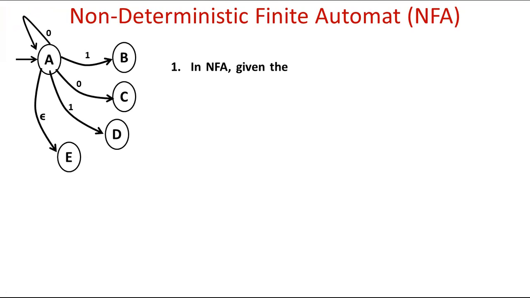And what does this mean? So in NFA, given the current state, there could be multiple new states. So if you take this example, I am at state A with 0 input, I can go to A again or I can go to the state C. From A with input 1, I can go to B or I can go to D. So I have multiple states from the current state with the same input.